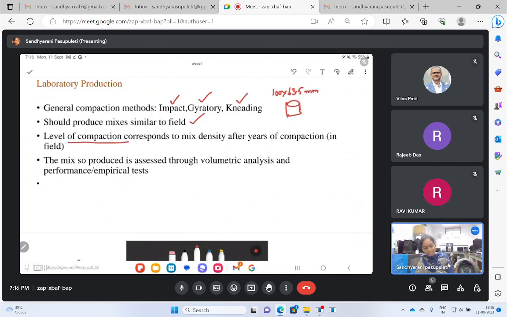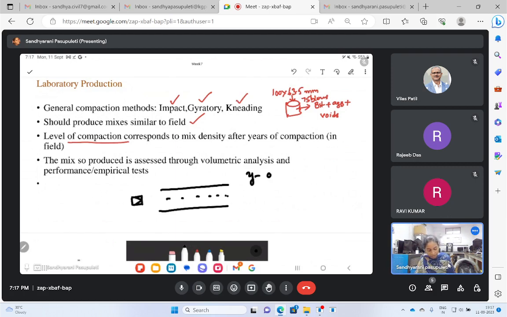So let us say I have prepared a specimen like this. In this you now have bitumen, aggregate, and some voids. I have applied 75 blows. What does this 75 blows of load application on the specimen indicate? I have laid a pavement initially, now year 0, and initially the traffic is allowed.